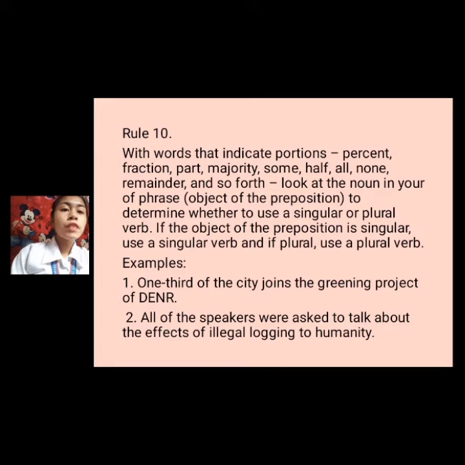If the object of the preposition is singular, use a singular verb, and if plural, use a plural verb. Example: one-third of the city joins the greening project of DENR. Second example: all of the speakers were asked to talk about the effects of illegal logging to humanity.